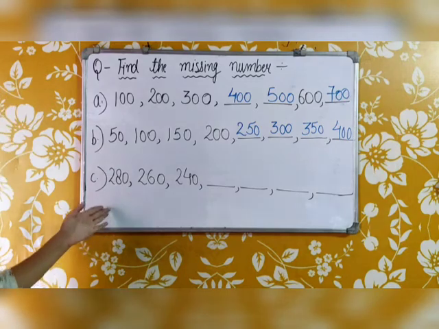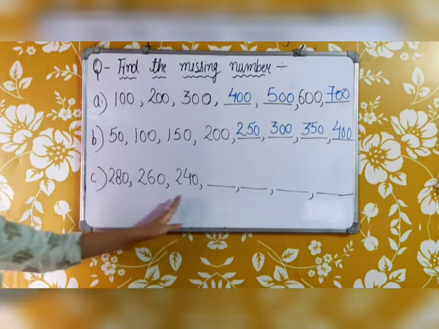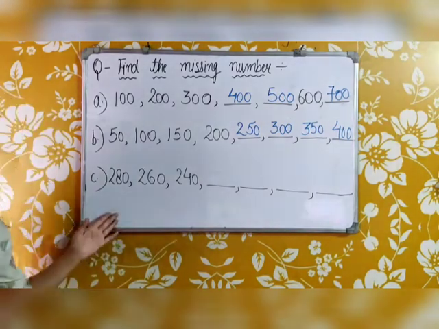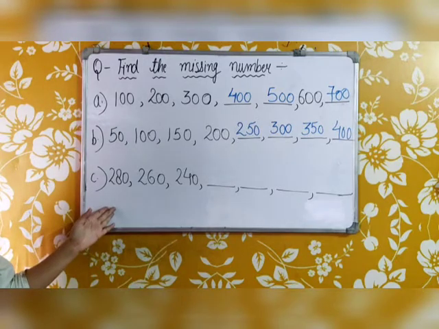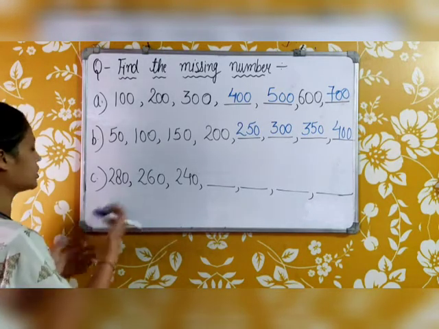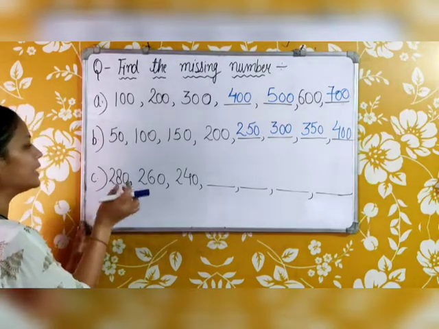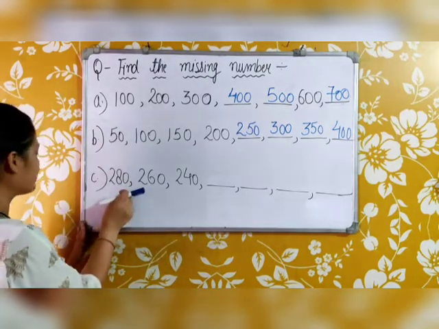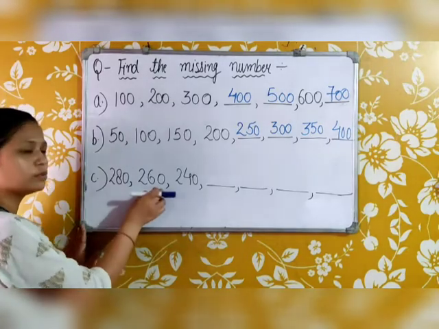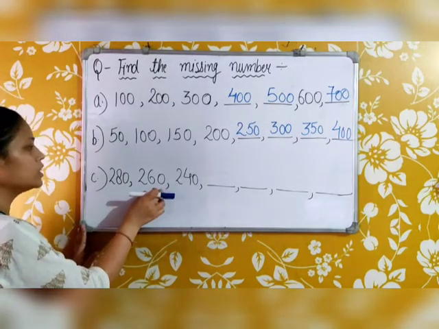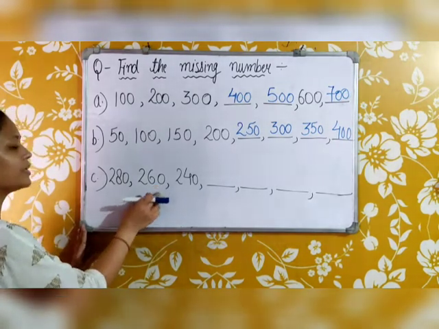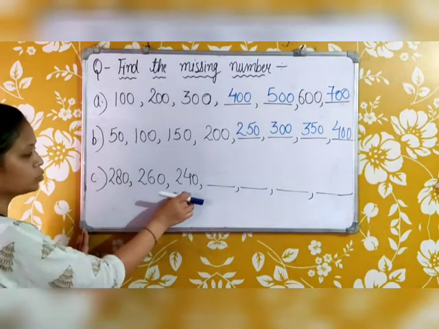Now the next question is 280, blank, 240. Here we are subtracting. 280, then we subtract 20 from 280, it has become 260. Then again we subtract 20 from 260, it became 240.